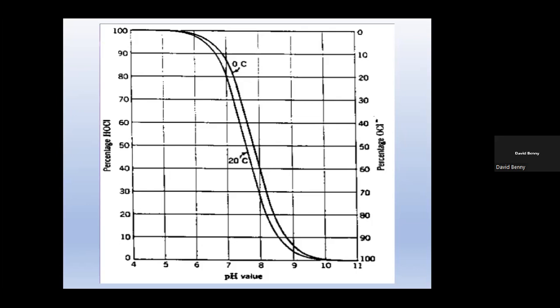So in water treatment, I always advise people that if you want to save your chlorine, pH enhancement should be done after disinfection and not the other way around. Right? So it's important to know that.